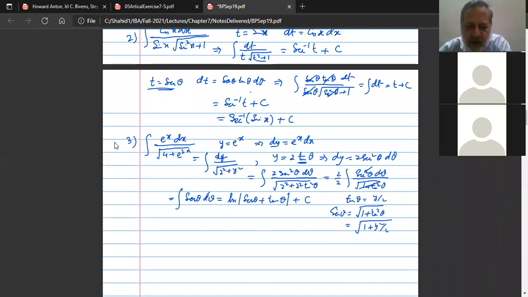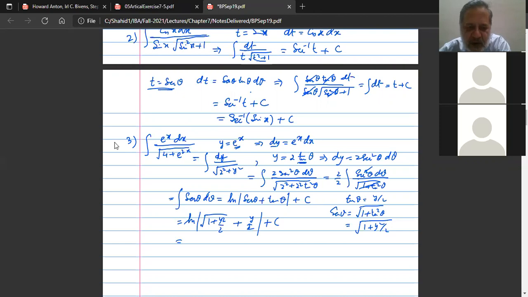So this intermediate result will be ln of square root of 1 plus y square upon 2 plus tangent theta, which is y upon 2, plus c, and y was e power x.